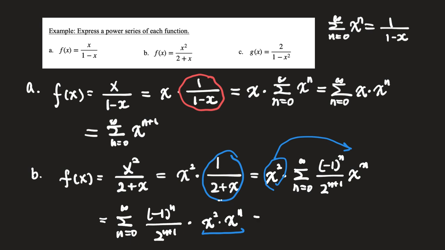So you rewrite this series as negative 1 to the n over 2 to the n plus 1 times x^(n+2). That's the power series of x squared over 2 plus x. So let's do the last one, guys. Stop the video and try by yourself.